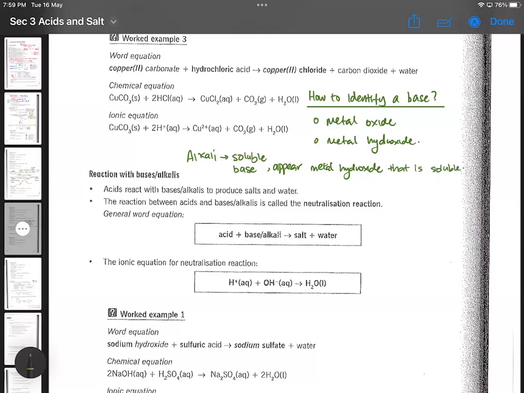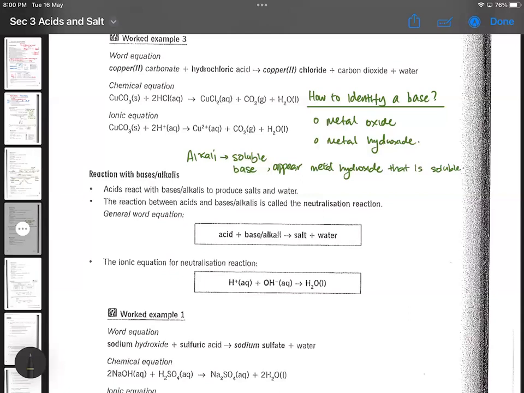So this essentially breaks down the difference between generally what is a base and generally what is an alkali. It's all down to solubility. Okay, any questions regarding the difference between a base and an alkali?